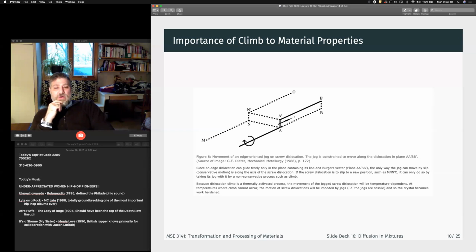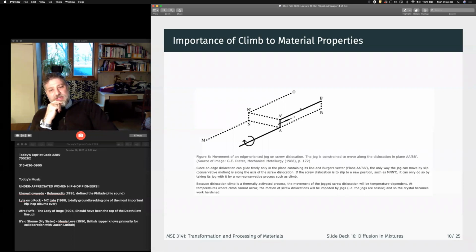So which way do these dislocations want to go? Well, my screw dislocation wants to go this way. The screw dislocation moves this way, but my edge dislocation is stuck moving in this plane. My edge dislocation can only move in this plane.